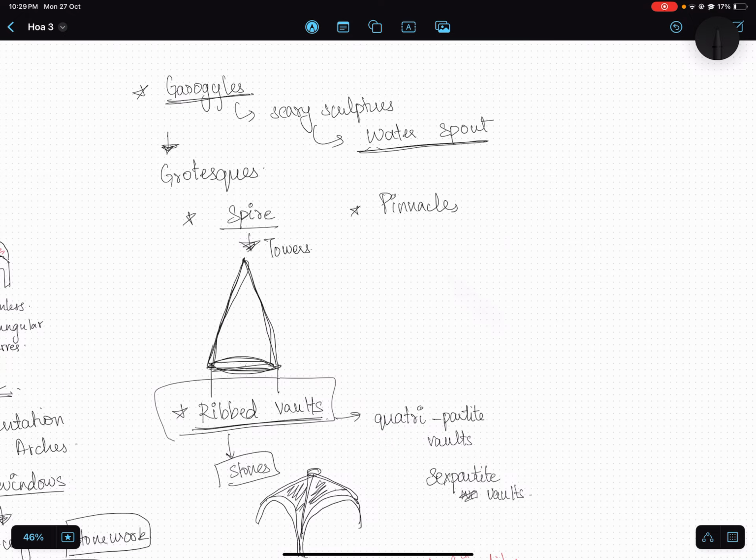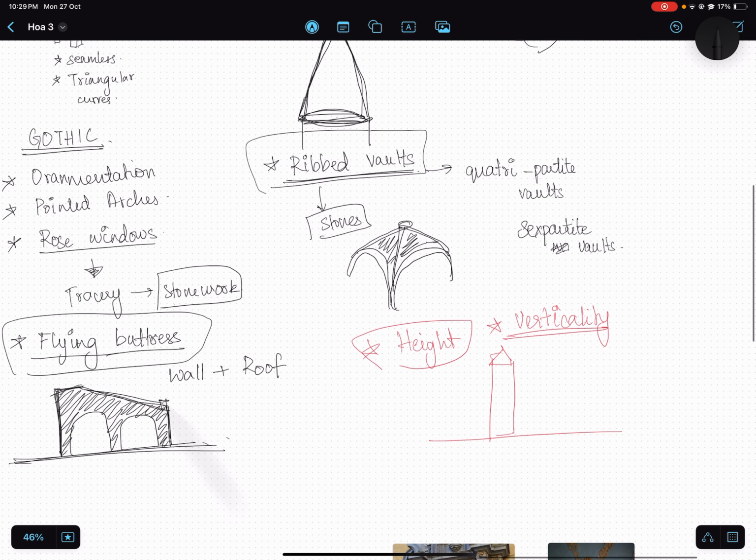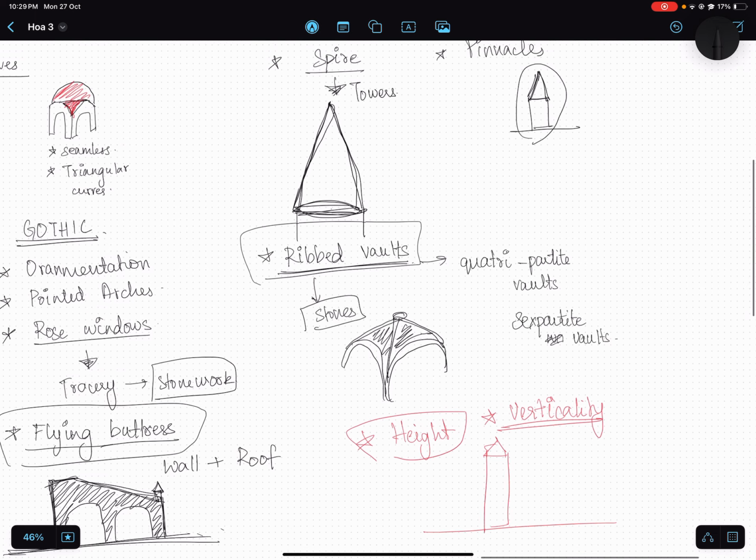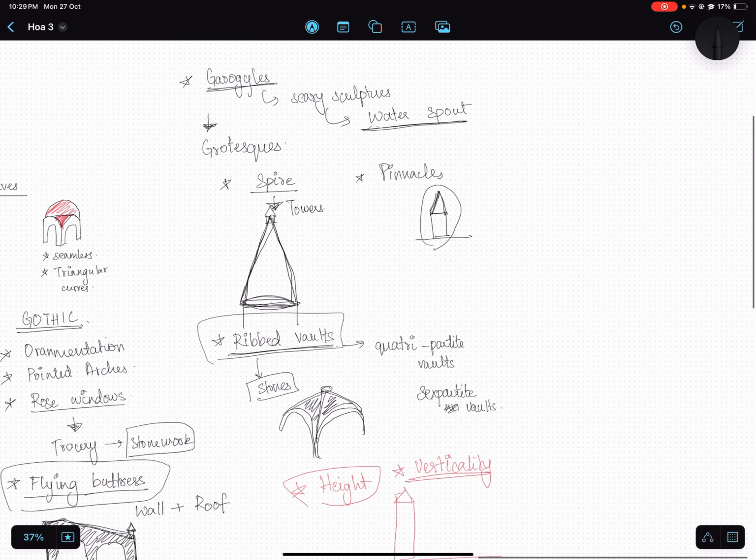Pinnacles are small elements that look kind of similar to spires but are much smaller in size, and they could be placed anywhere, like on buttresses or even on top of a spire. So they had spires and pinnacles.